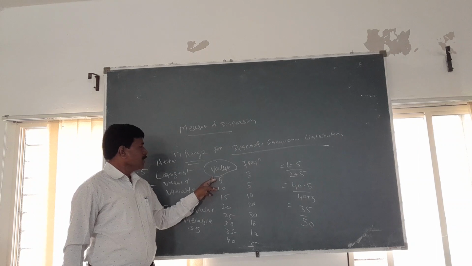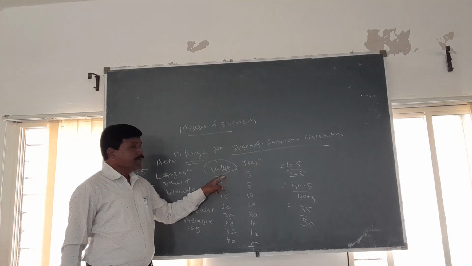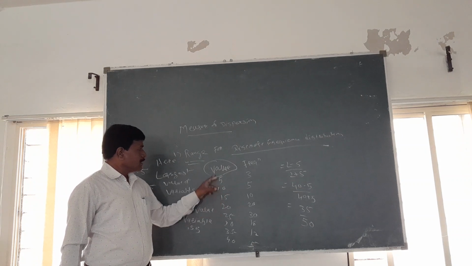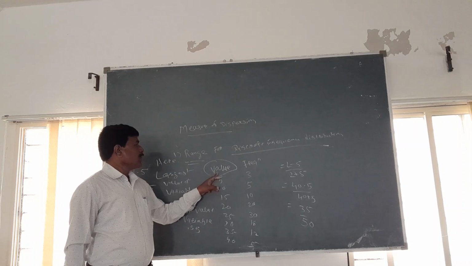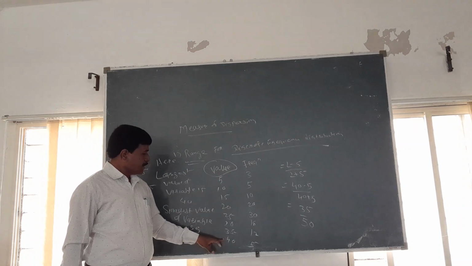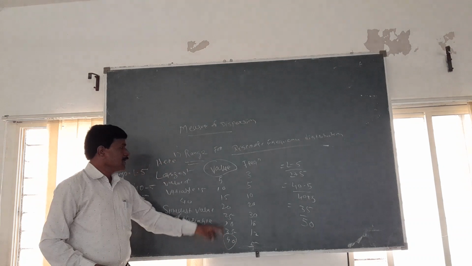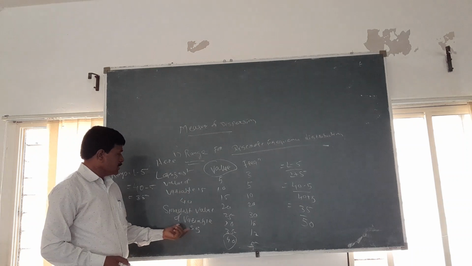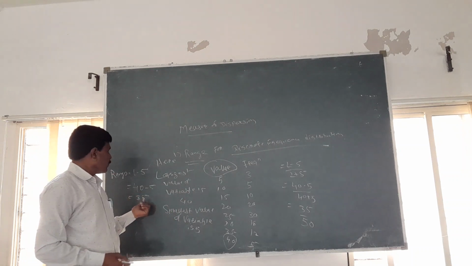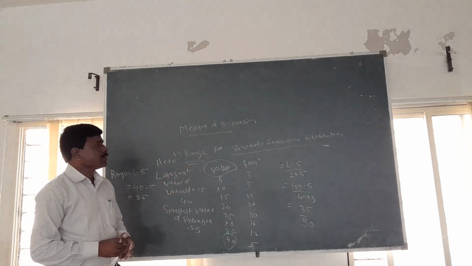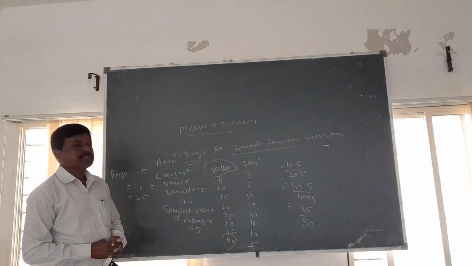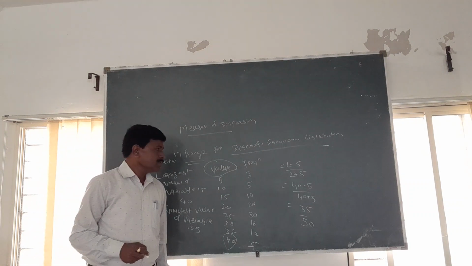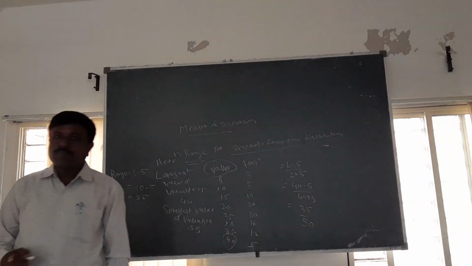In the given example, values come with frequencies, but we select the largest and smallest value of the variable. Here the largest value is 40 and the smallest value is 5, and the difference is 40 minus 5, that is 35. The relative measure of range is L minus S divided by L plus S, that is 40 minus 5 divided by 40 plus 5, that is 35 divided by 45.